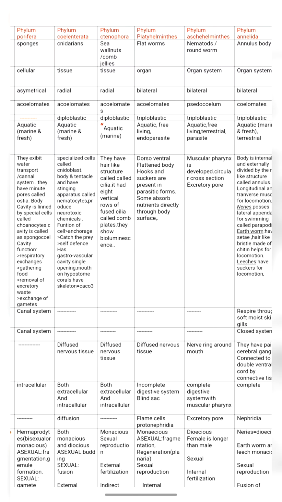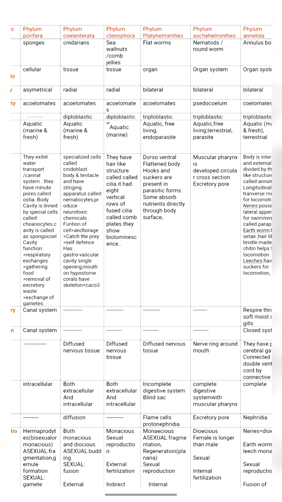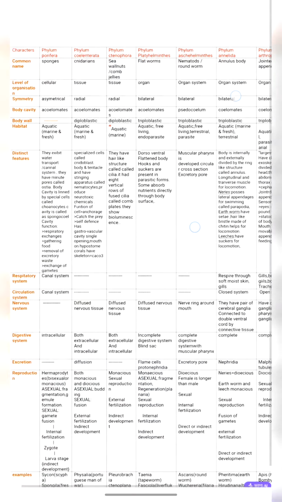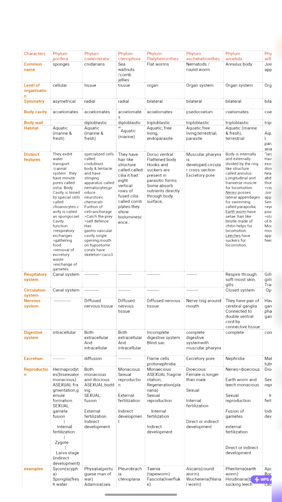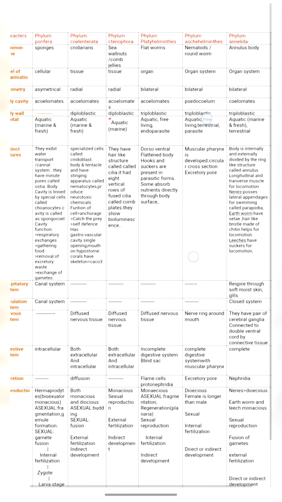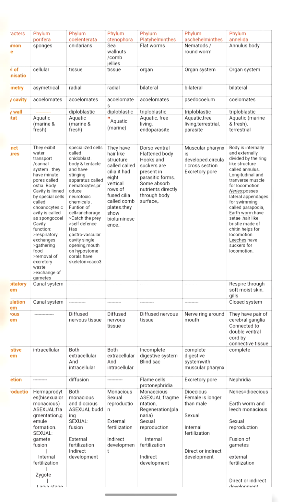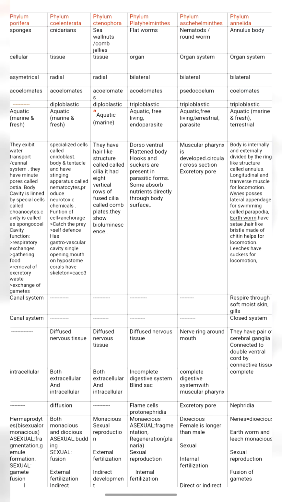The video would be too long, so I'm not explaining deeply, but I'm covering everything. Next, the body wall is triploblastic, with three layers: ectoderm, endoderm, mesoderm. Habitat is aquatic, and they may be free living, terrestrial or parasitic.